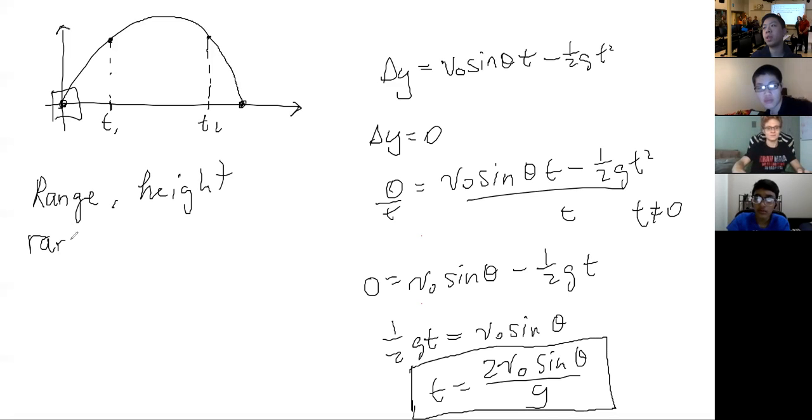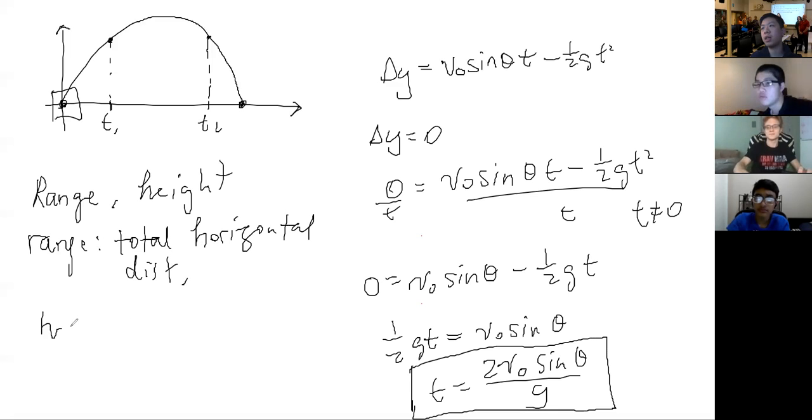So range is equal to the total horizontal distance traveled. And the height is basically the maximum height that the particle reaches.